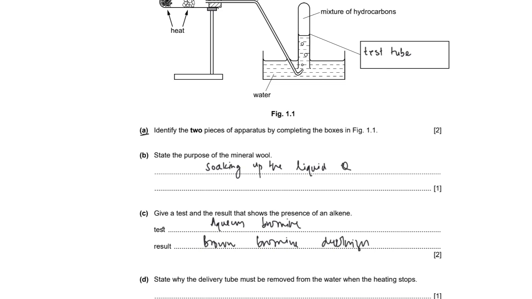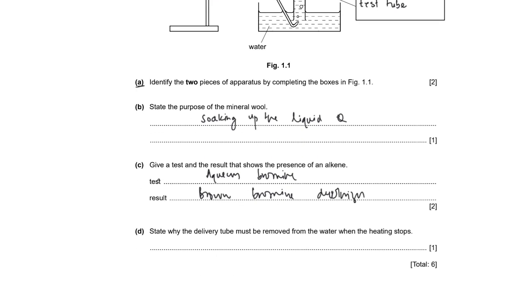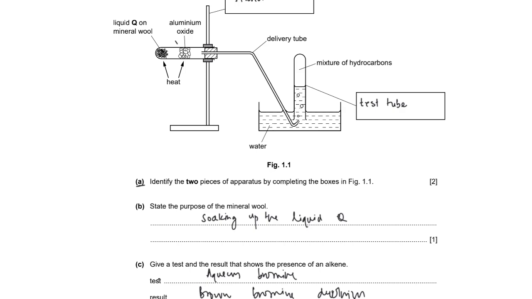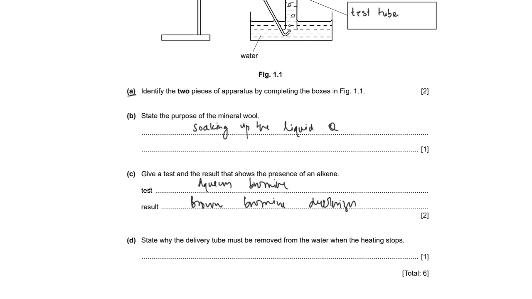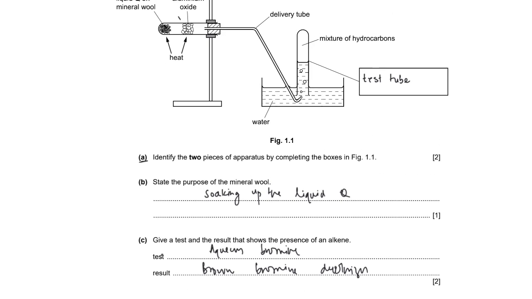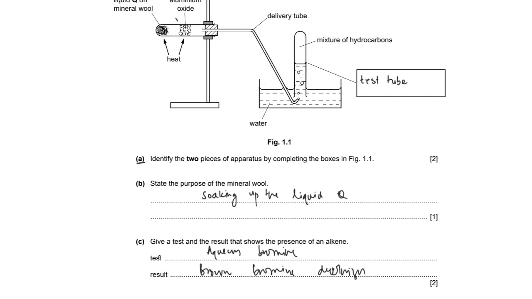The next one is: state why the delivery tube must be removed from the water when the heating is stopped. Once all the gas has passed into the water and the heating has stopped, you have to make sure that you take out the delivery tube.